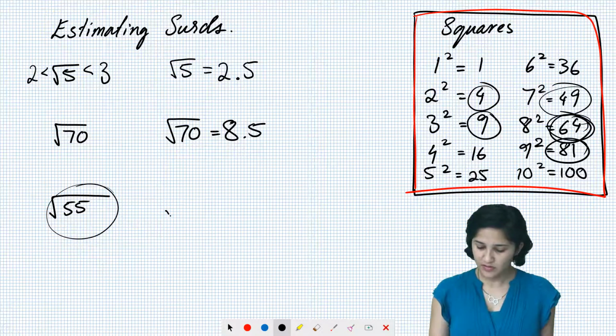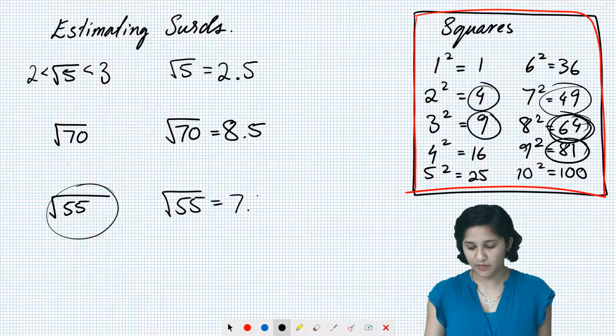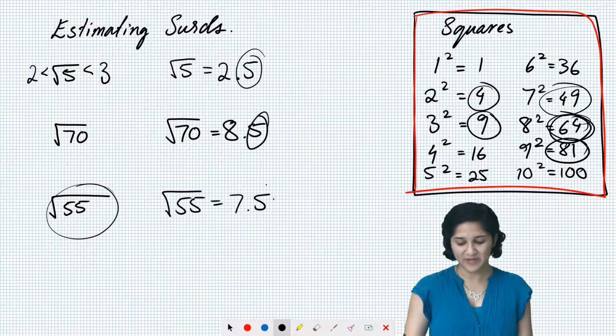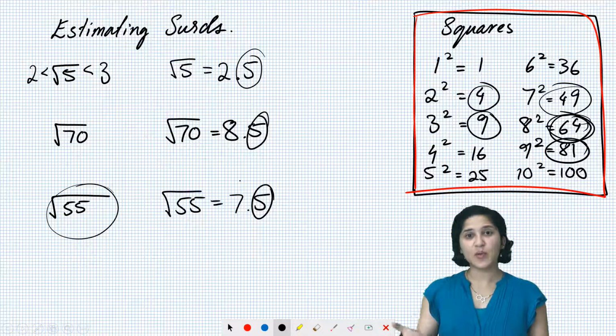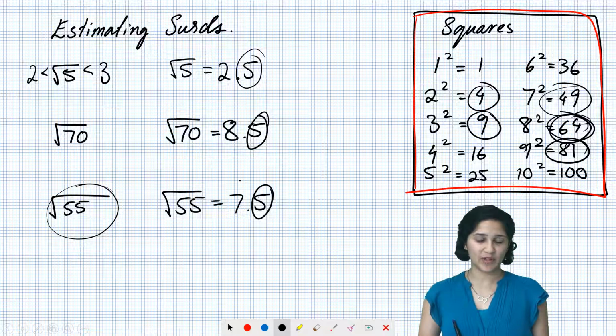So square root 55 would be 7 point something. I don't know about the decimal, it might be 7.4 or 7.9, but it's definitely between 7 and 8. So I'm just estimating by picking the number in the middle.